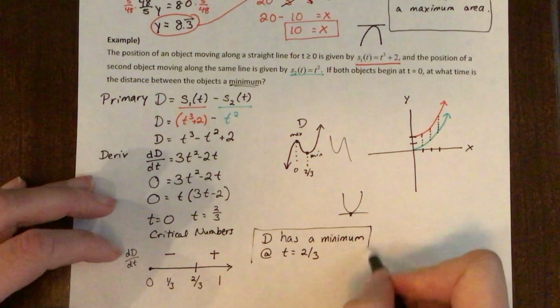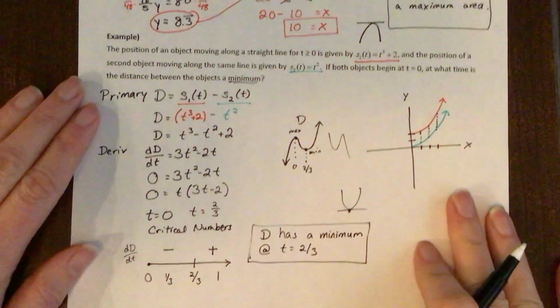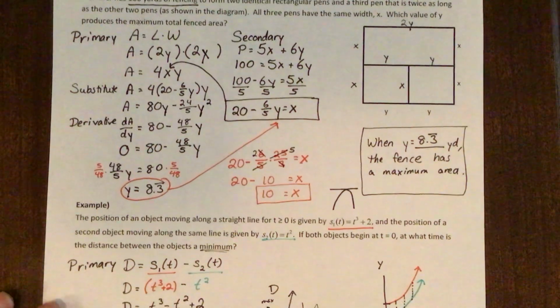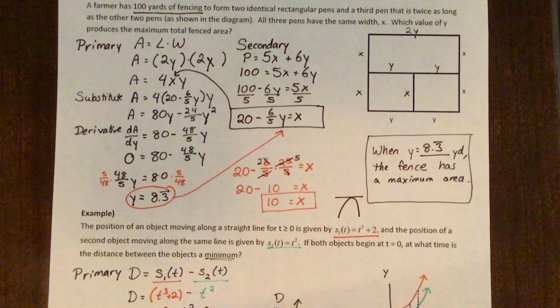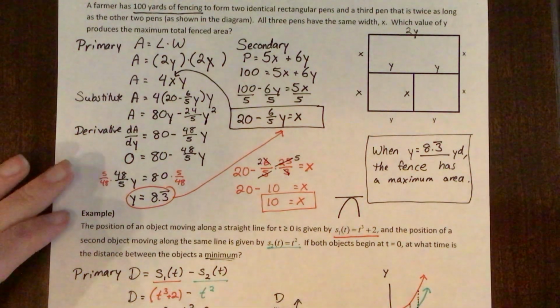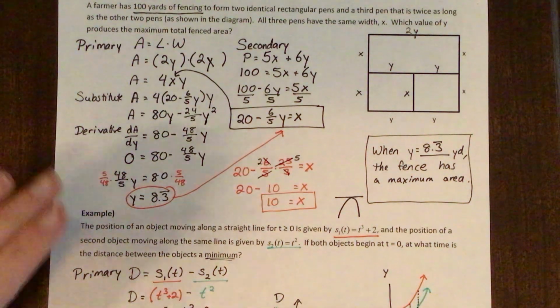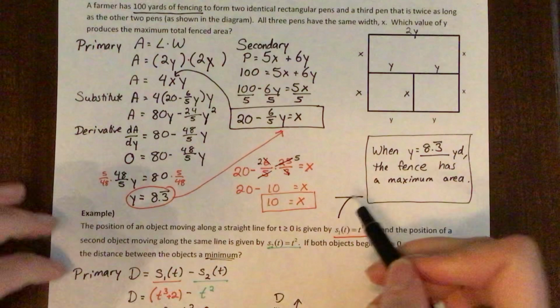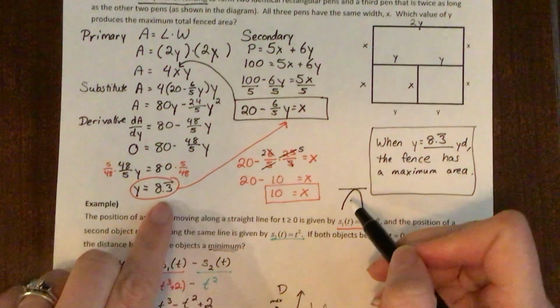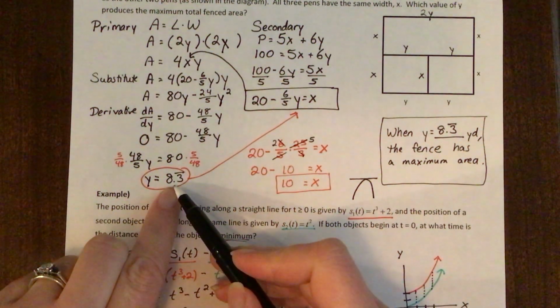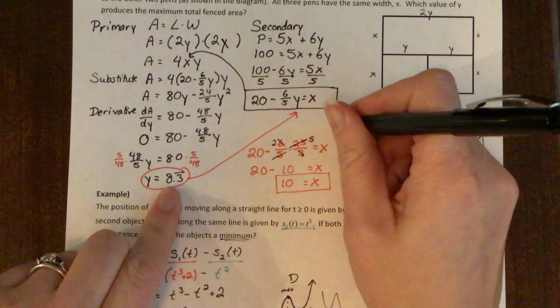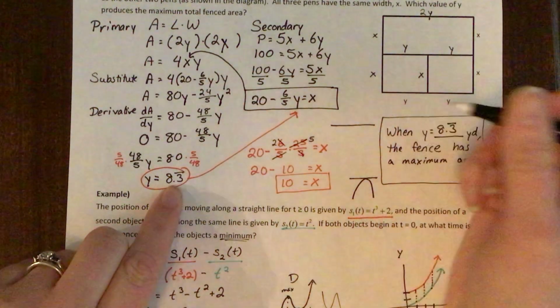Let's fix that. I'm going to go back up here. I was so excited about finding x that I forgot to make a sign chart, huh? Okay, let's see. We're back to the maximum total fenced area. We want to make sure it's a maximum, not a minimum. So at x equals 8.3 repeating, y equals 8.3 repeating.